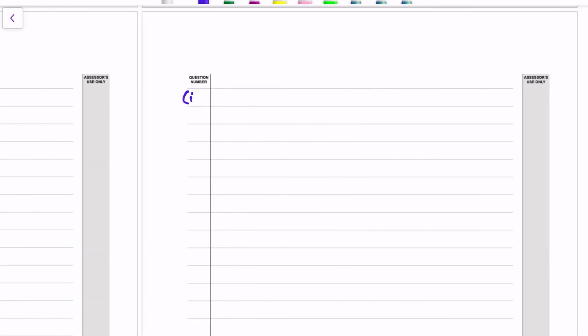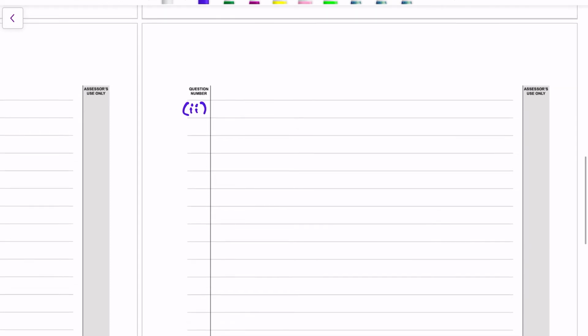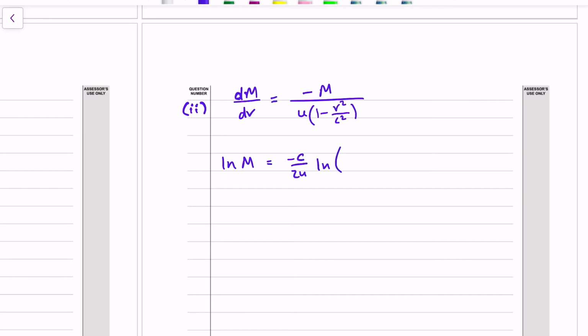Okay, so second part BII, we have apparently the differential equation dm/dv. Apparently the solution to this is ln m equals negative c over 2u times ln of 1 plus v over c over 1 minus v over c.